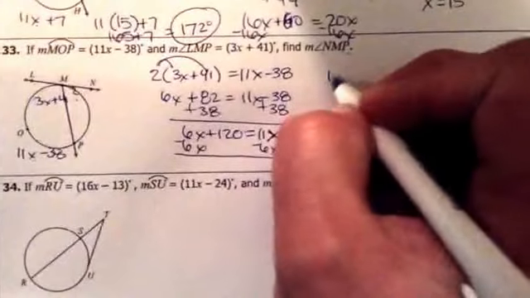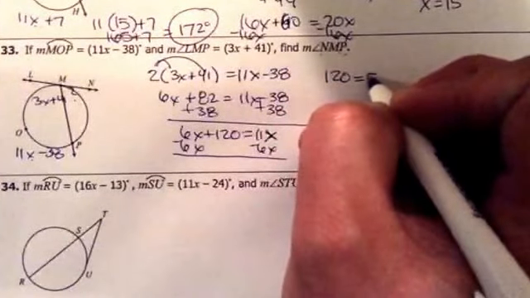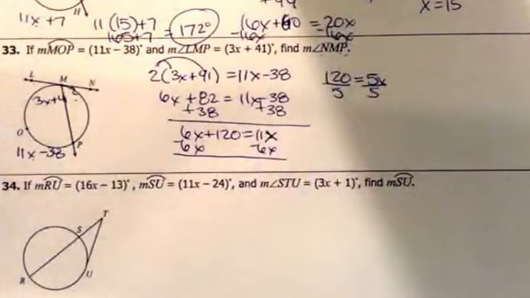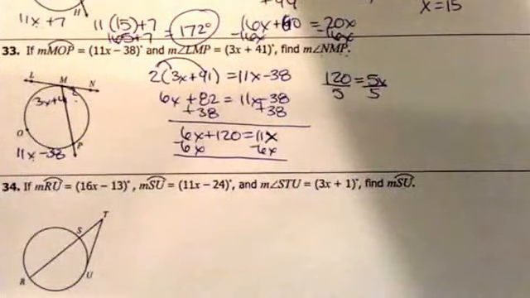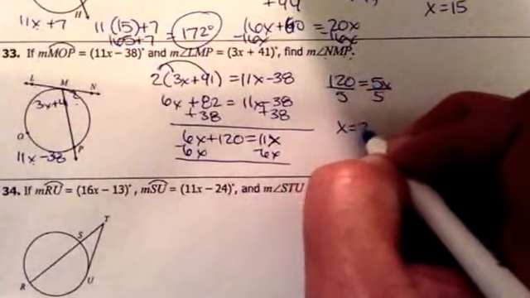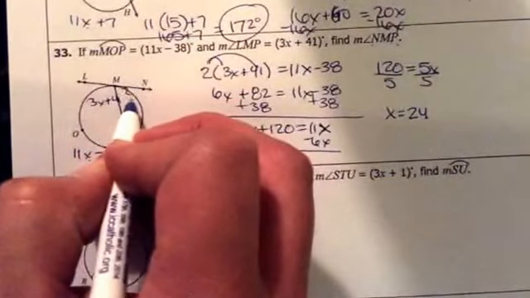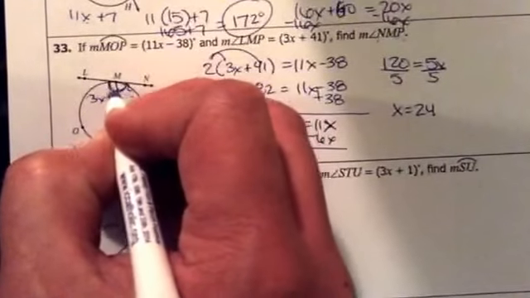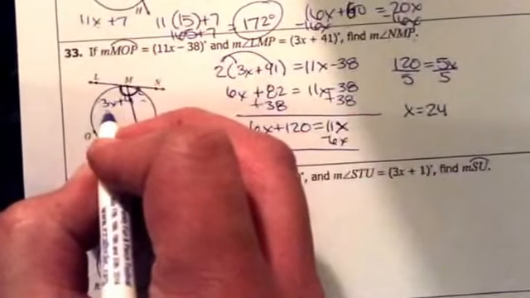I have 120 equals 5x, dividing by 5. X equals 24. Now what I'm really looking for is this angle over here. Now what I do know is that if I can figure out this angle, the other angle is supplementary to it. So let's plug in our x here.